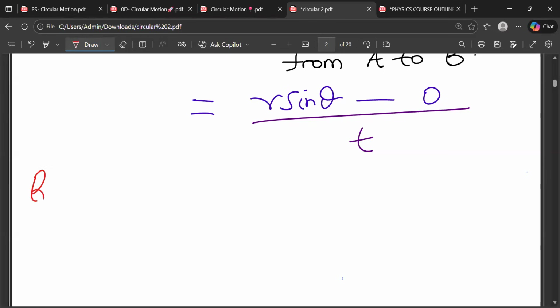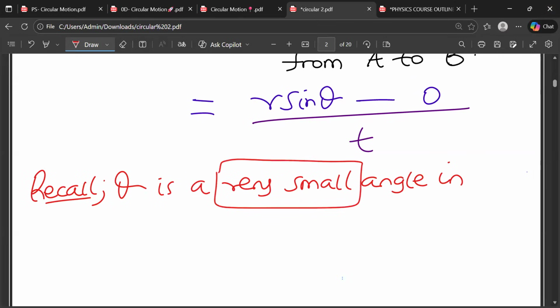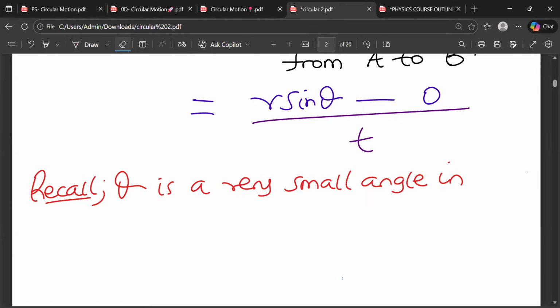Recall that theta is a very small angle in radians. Someone may be like, how did you know that it is a small angle yet we don't even know? The mere fact that the physics tells us to have theta in radians means it is a very small angle.